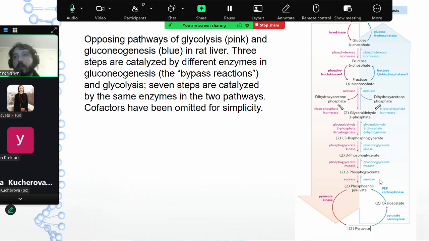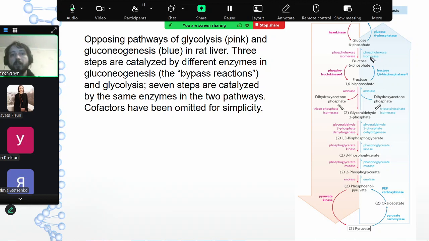Some reactions of the glycolysis are reversible, so it's not a problem to get a reverse direction reaction because it's reversible already. For some reactions, you need some bypass steps, and if you have a committed step like from fructose 6-phosphate to fructose 1,6-bisphosphate, you need a different enzyme that will reverse this step.